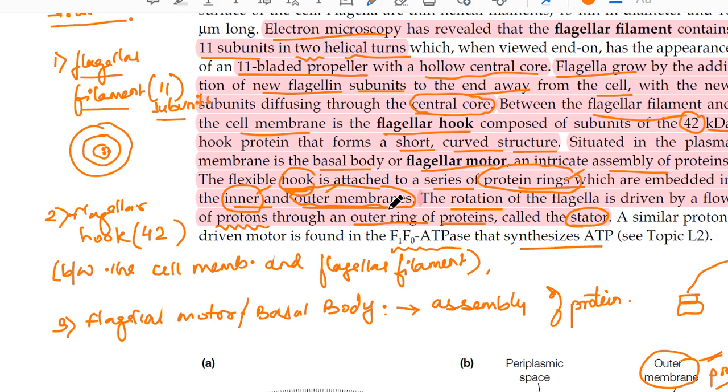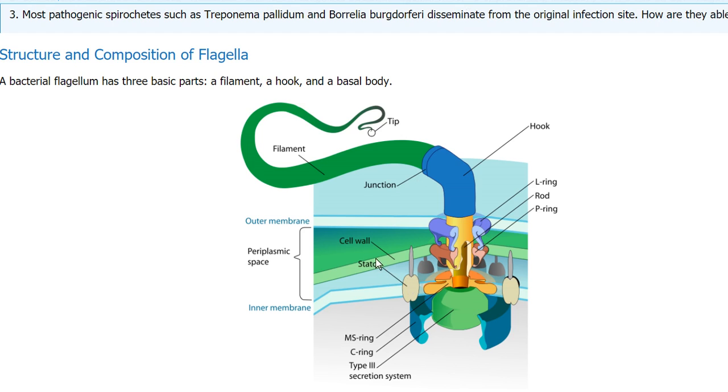The last point is the rotation of the flagella. In response to chemical signals, it is driven by protons through an outer ring of proteins. The stator helps in the rotation movement of the flagella, providing the energy for the movement.